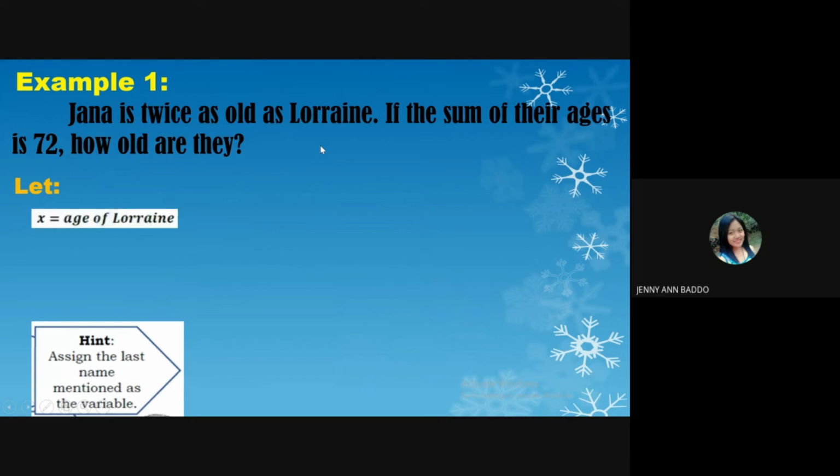Therefore, x is the age of Lorraine, and for the age of Dana, since it was stated that she is twice as old as Lorraine, and twice means two times, therefore we have two times the age of Lorraine, so that's 2 times x, or simply 2x.